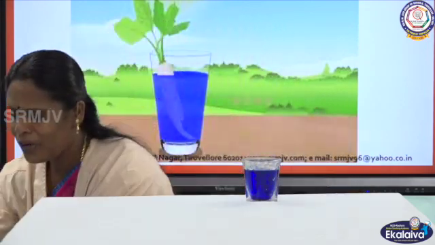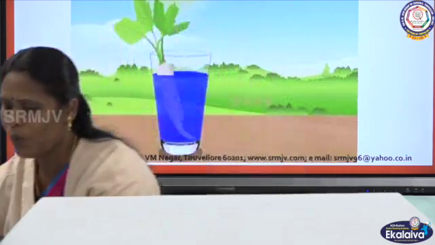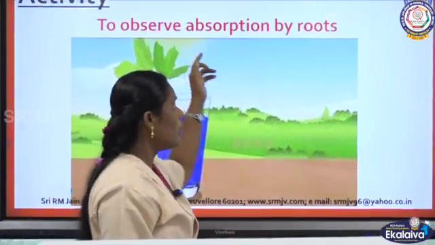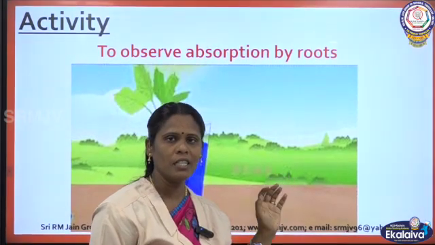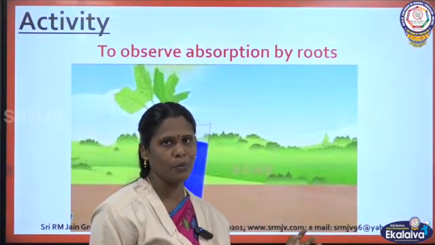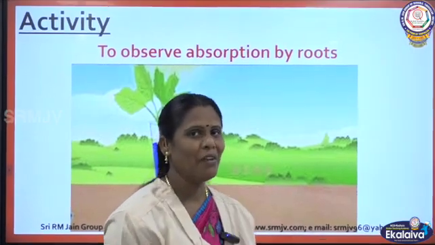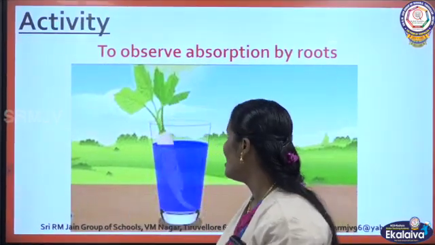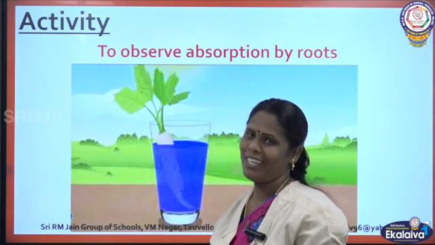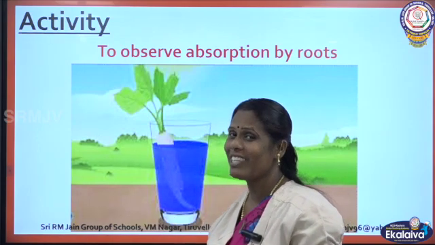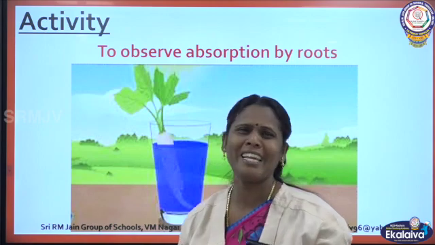So, during this activity, what can you understand? The absorption of water takes place in root. So, finally, we conclude that the water is absorbed by root. I hope you all understood this activity. You can also try it at home, children.